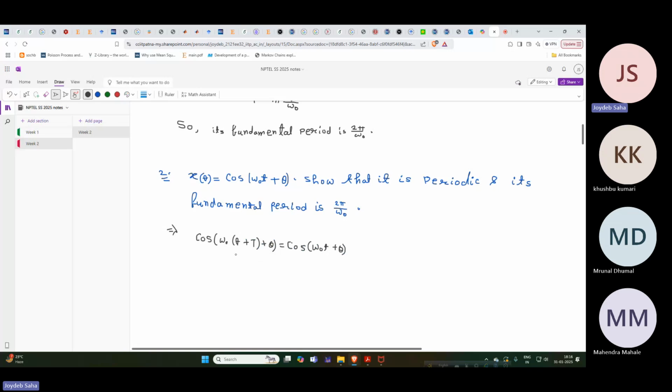If this condition is satisfied, then this signal will be periodic. So we can write that the signal x(t) is periodic.